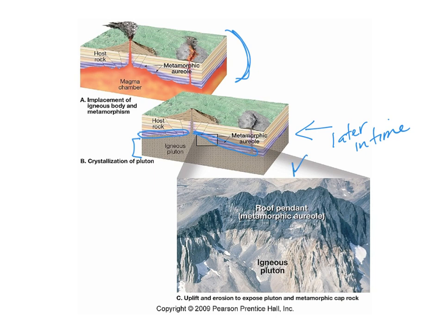And this is a photograph showing that same situation. So the white rock down here, this is the pluton that used to be magma. It was emplaced or intruded up into the crust, and all of the rock on top of that, this area here, was baked by that heat and metamorphosed. So remember, that means that it's a different rock now than it was to begin with.